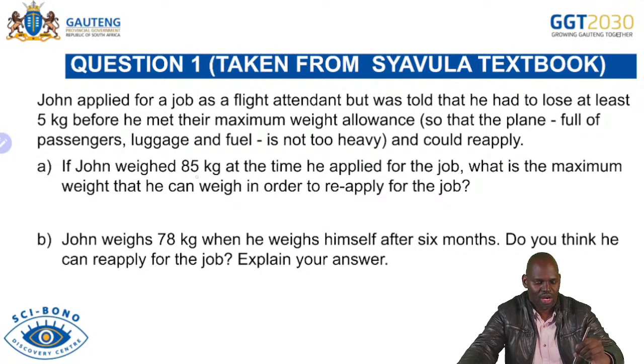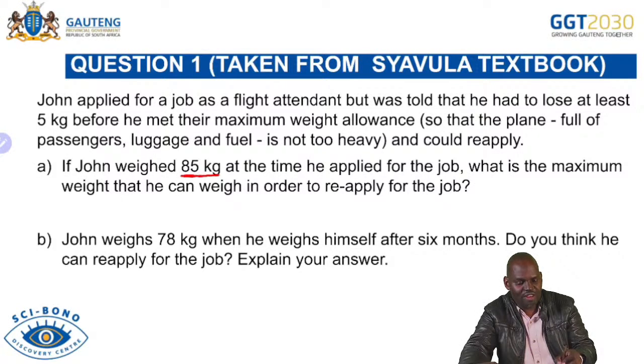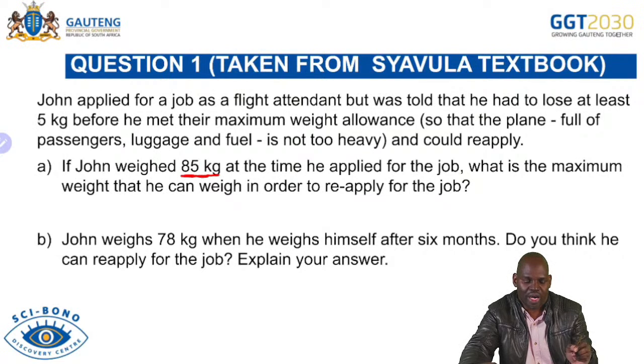Okay, so if you read the scenario there, you can see that he was told that he must lose 5 kilograms. Okay, so his weight is 85 kilograms, but he was told to lose at least 5 kilograms. So it means in this case, we must reduce the 85 kilograms.